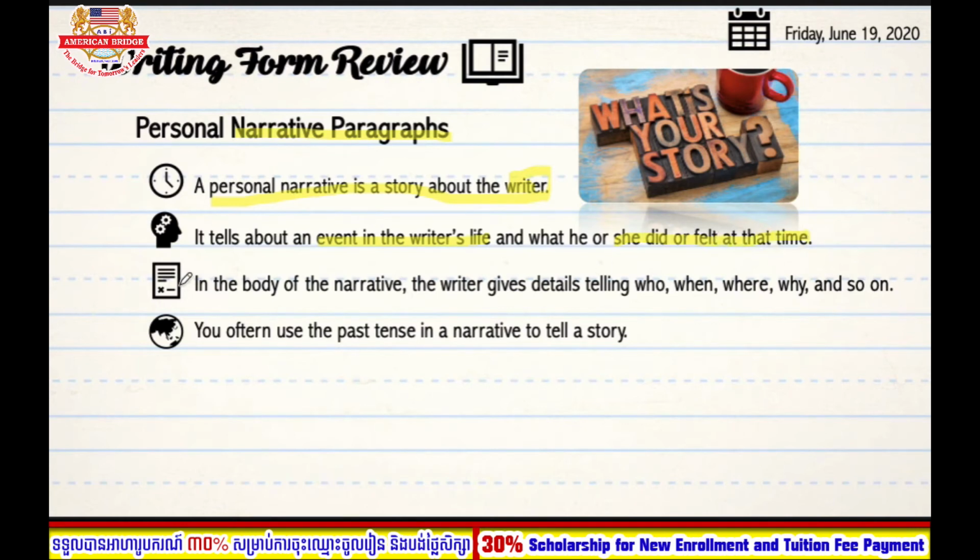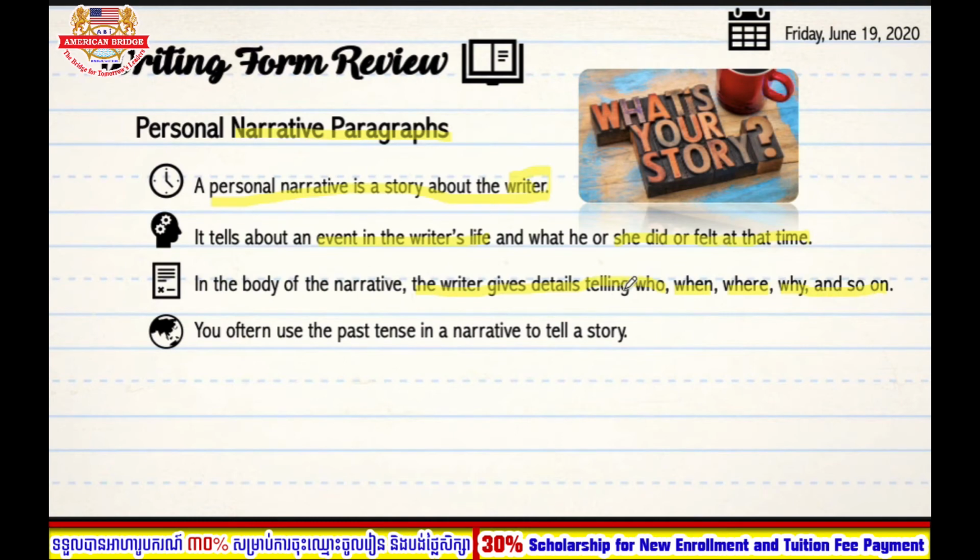Okay, so what is included in the narrative paragraph? Right, in the narrative paragraph you will expect to see detailed information from the writer. The writer will tell you who was involved in the events, in the situation, when it happened, where the situation happened, what the reasons for any activity were, and so on and so forth.